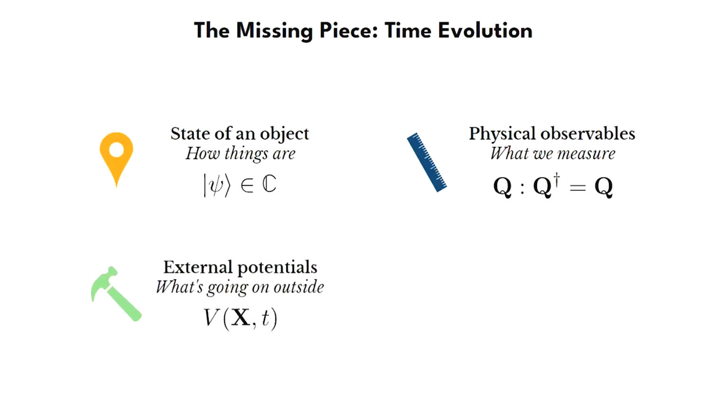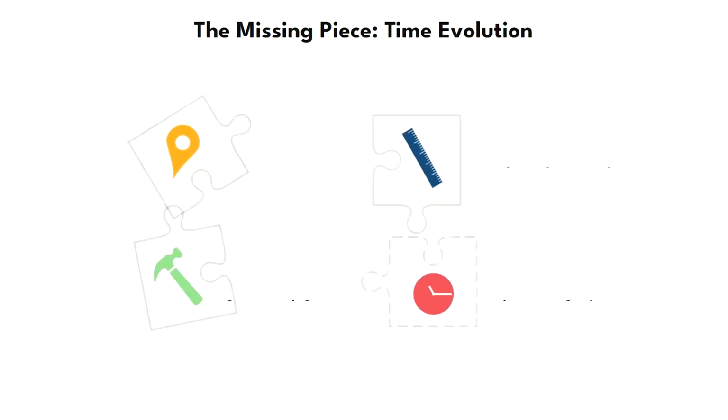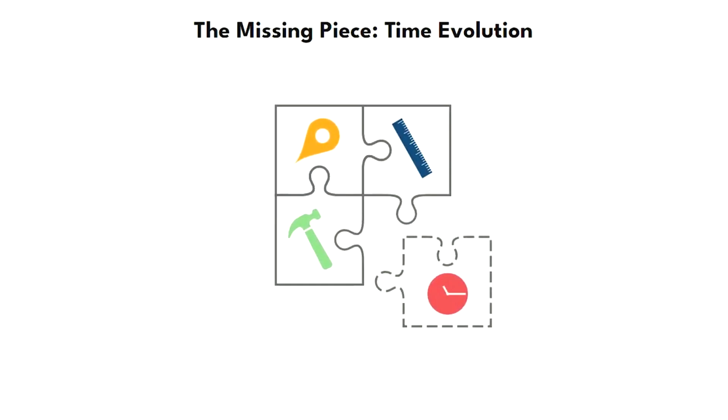And then we also looked at how we define the external potentials by just replacing the x variable with operators. And the last part is the thing we aren't so sure about for now. This is the missing piece for giving a full description of the quantum system.